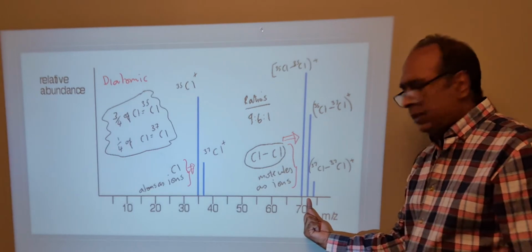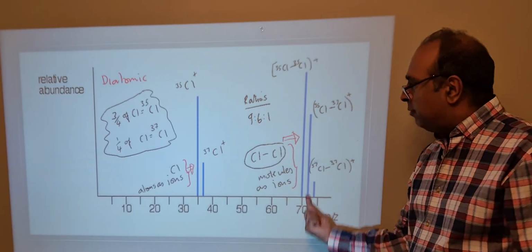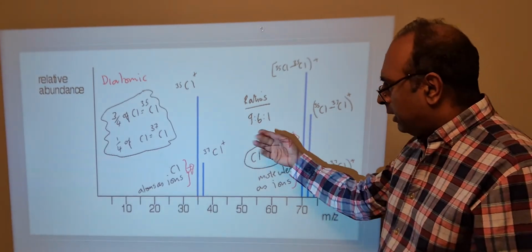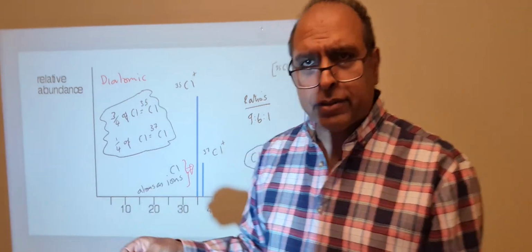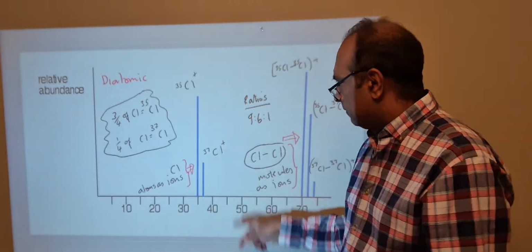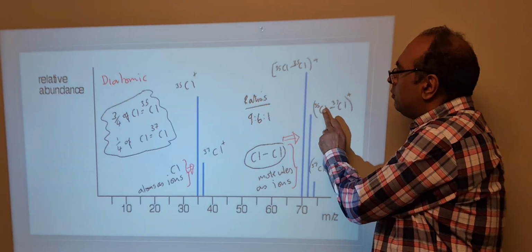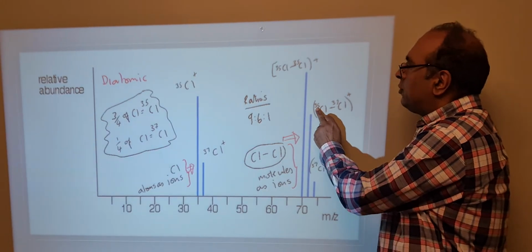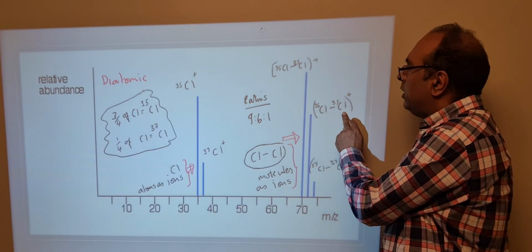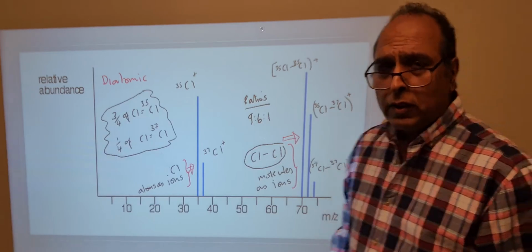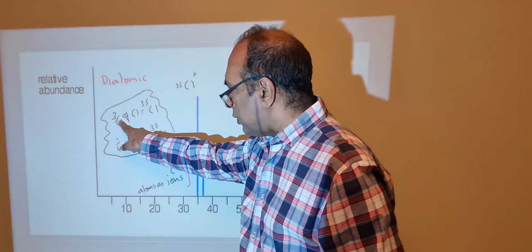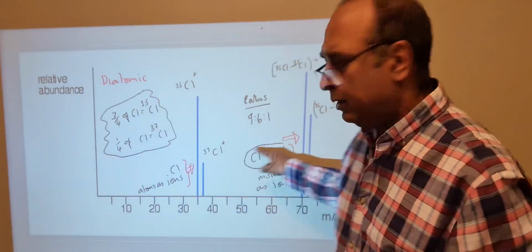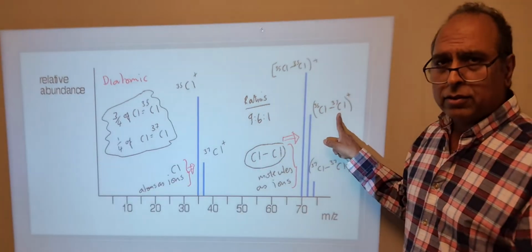Where boys find it difficult to think about is the middle peak being in ratio 6. And you get that as follows. If you've got the first chlorine as 35 and the second chlorine as 37, then it's 3/4 times 1/4 is 3/16.